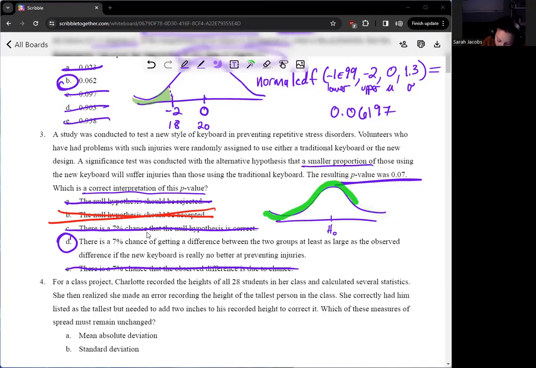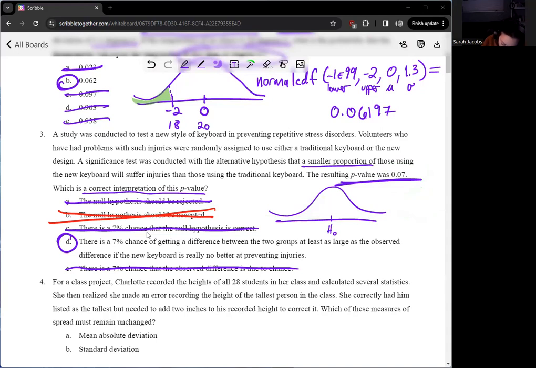So this distribution includes some really extreme values, and it includes some values that are not exactly the same as the null, but are close enough that we're like, okay, yeah, this is just random chance. So the p-value is basically the probability of being where you are or more extreme. And if it's two-tailed, it's in either direction. If it's one-tailed, it's just in one direction.